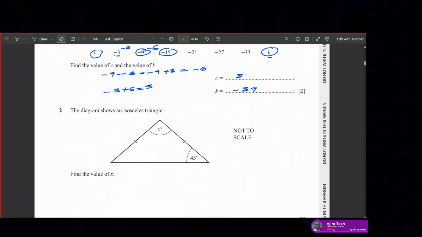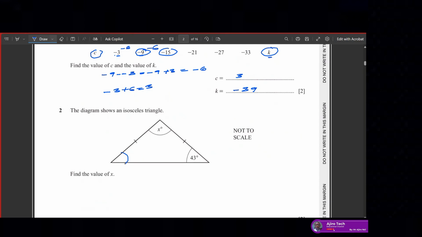So what is the special feature of an isosceles triangle? The sides are equal. We have two sides that are equal. Also, the base angles are also equal.